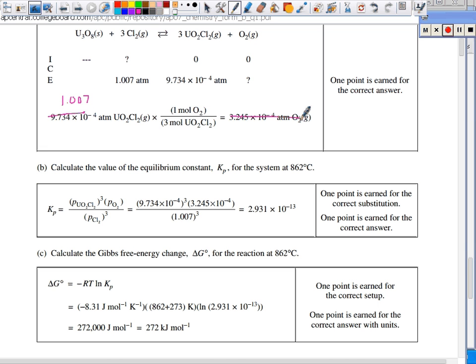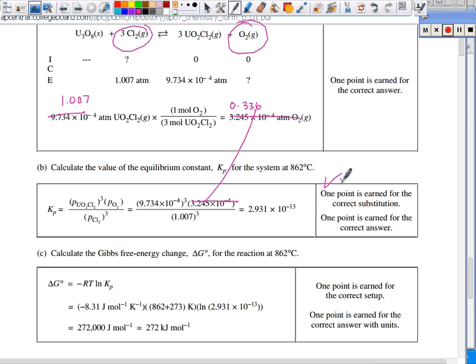Again, this isn't right, but they can tell logically you went from pressures of this thing to pressures of this thing. You would not get that point because the number is not right. But if you took that number and plugged it in right there, which is where it belongs, you get the 1 point for the correct substitution. And if your math checks out, you get the second point.